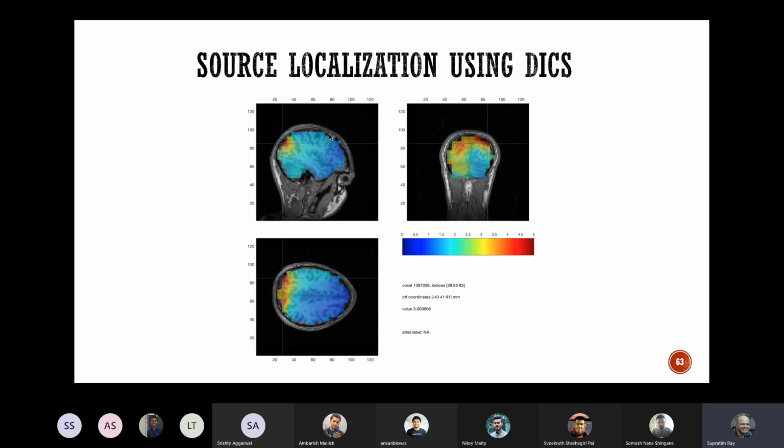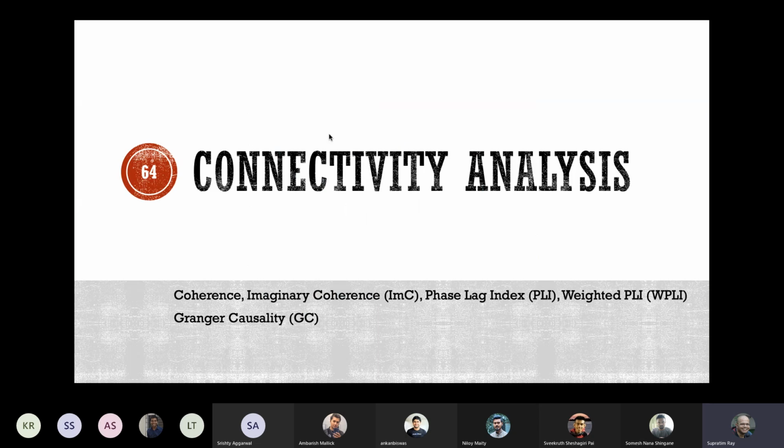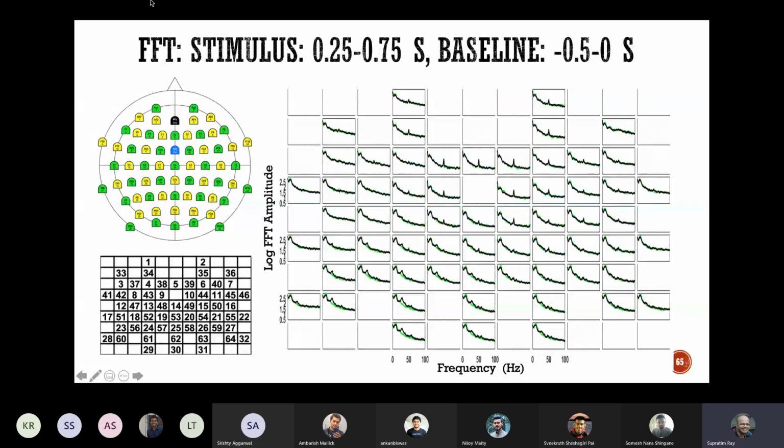And in this case, we won't solve it in the source space, although the techniques would be very similar for that also. We'll do it in the sensor space. So you've got data from 64 channels, and you see that certain electrodes show a lot of gamma.